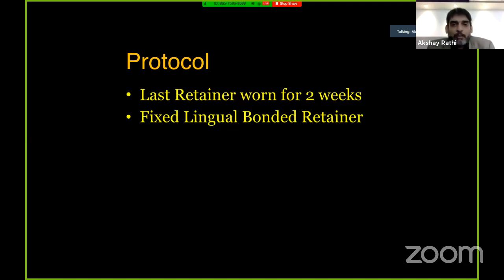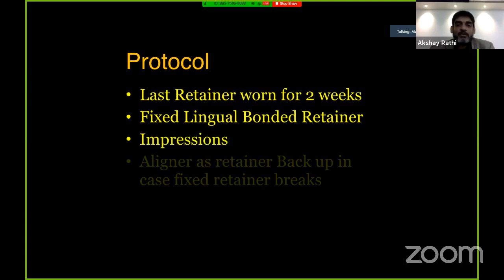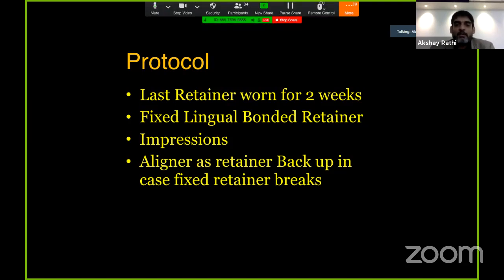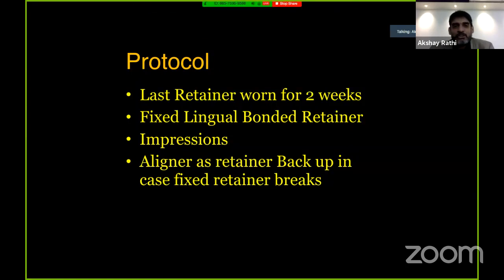And this is an important take home point, is that you give a fixed lingual bonded retainer, make impressions, and give one more aligner, which will serve as a backup in case the fixed lingual bonded retainer breaks. So you can take a picture of this screen, and this will serve to remind you that this is how your retention protocol must be.